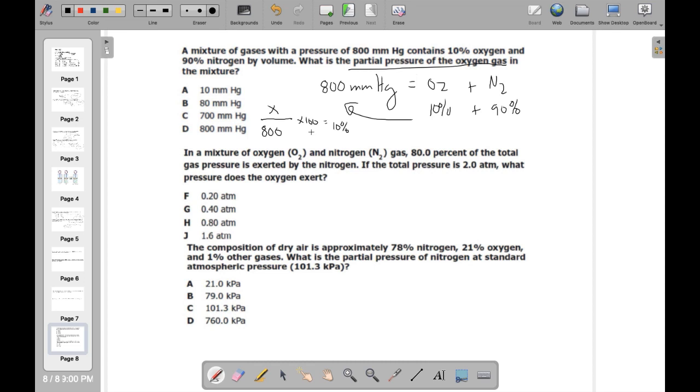So what happens if I reverse this entire process? I don't know what this number is. I have 800, I have times 100, I have 10%. Well, first of all, I could just put this 100 on this side. I can multiply both sides by 1 over 100. And so if I do that, I'm going to get 10% divided by 100.